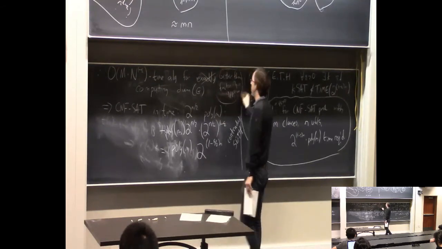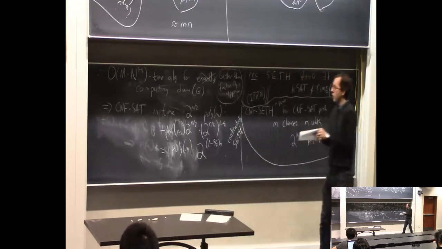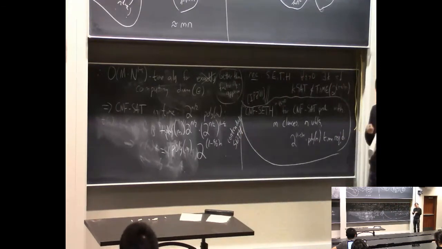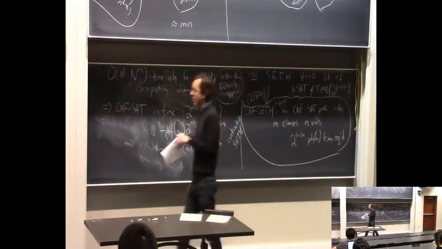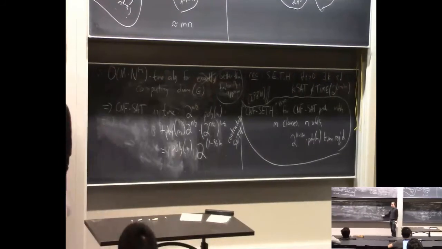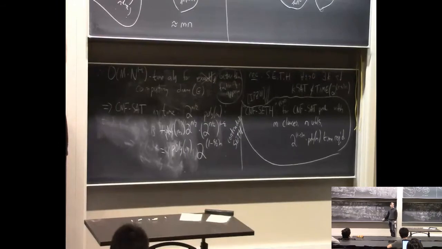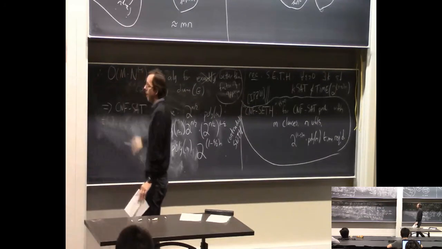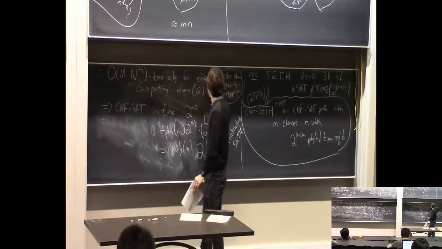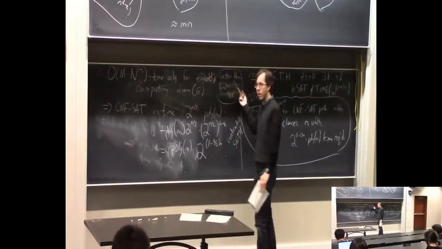Because let's say you had an algorithm that returns an approximation to the diameter that was strictly better than 2/3. Then you could use it to tell the difference between diameter equals 3 and diameter equals 2, and then you would solve SAT. So not only can you not beat m times n to the 1 minus epsilon for exact computation, you can't even beat factor 2/3 approximation.